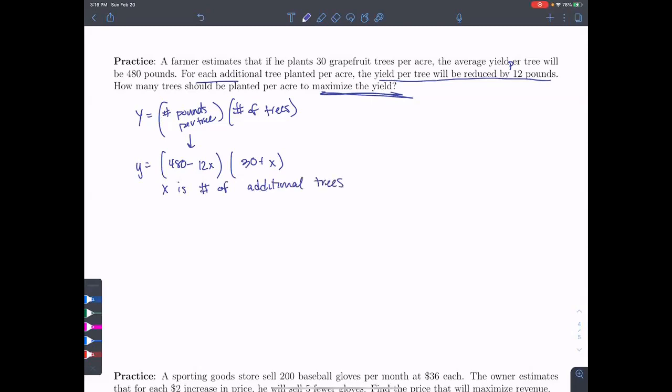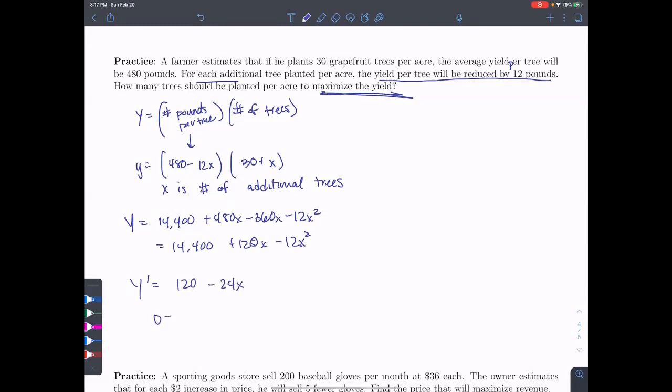Okay, so the yield, if we FOIL that, you get 14,400 plus 480x minus 360x minus 12x squared. Combine like terms, you get 14,400 plus 120x minus 12x squared. We want to take a derivative first. Y prime would be 120 minus 24x.